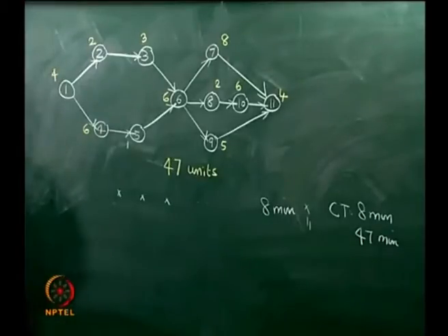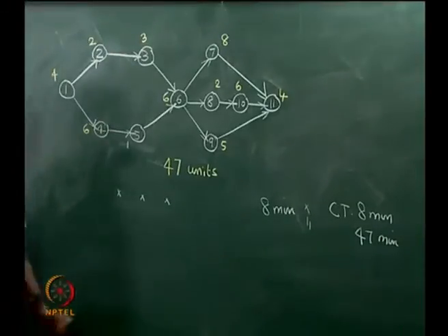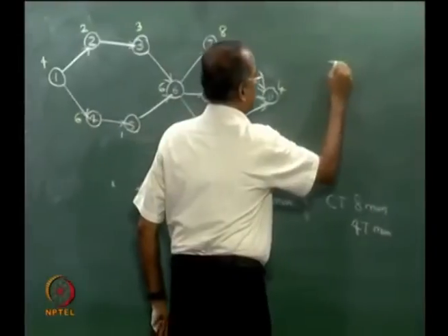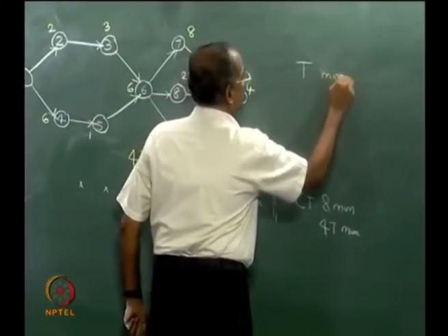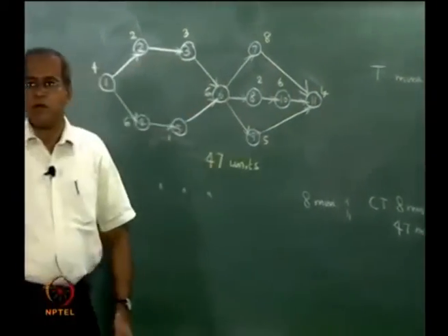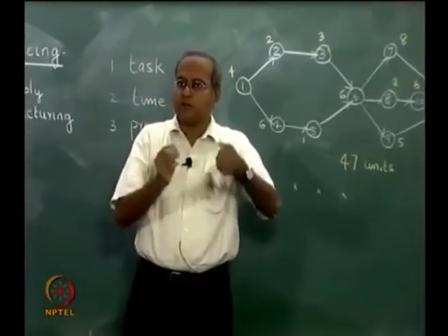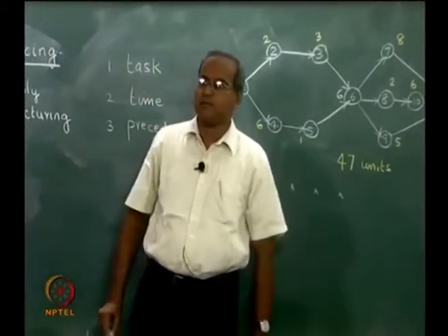So, the problem that we wish to solve is, given a cycle time T minutes, what is the minimum number of workstations that we require?